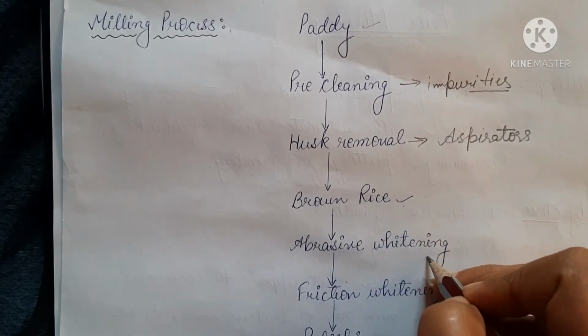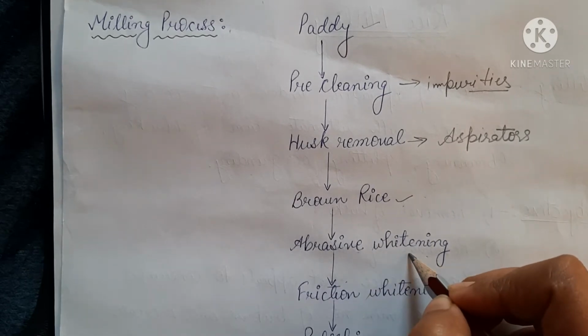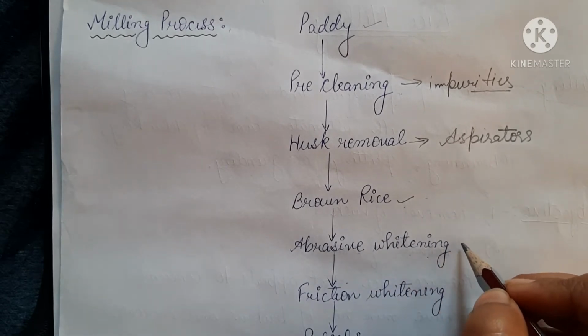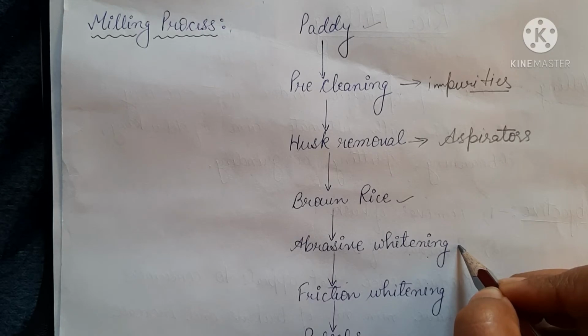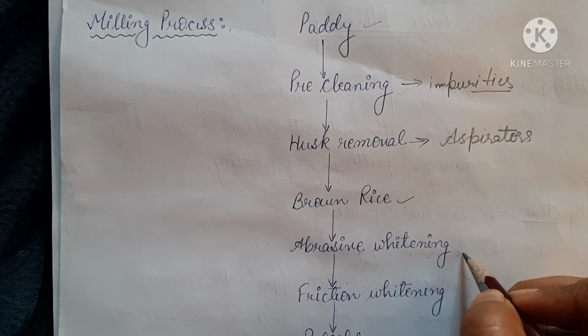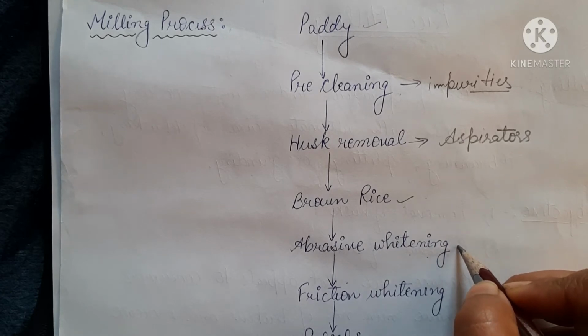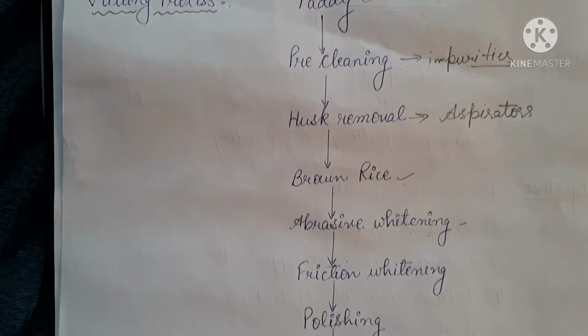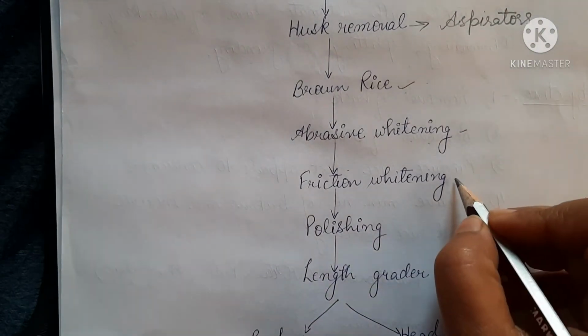Now the next step is abrasive whitening. When the rice kernels come in contact with abrasive surfaces, the bran is removed from the outer surfaces. That is known as abrasive whitening. The next is friction whitening. So what happens in friction whitening?